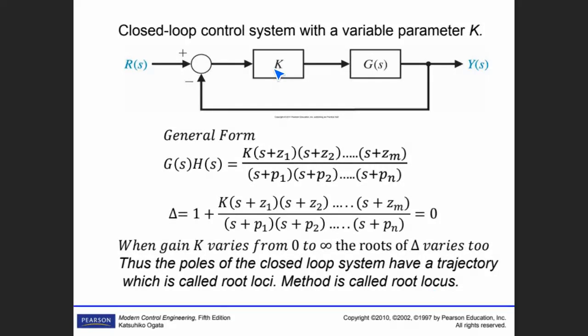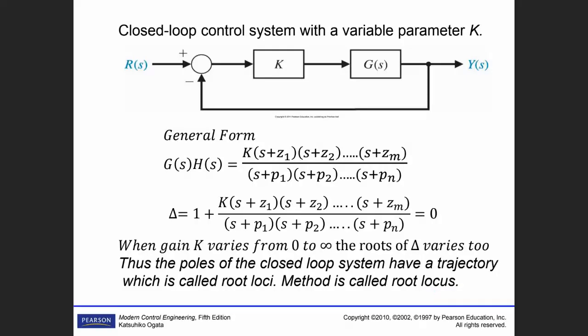I will write it here. K from 0 to infinity. We are going to give 0, 0.1, 0.2, 0.3, 1, 2, 3, 5, 6, 7, 8, infinity.